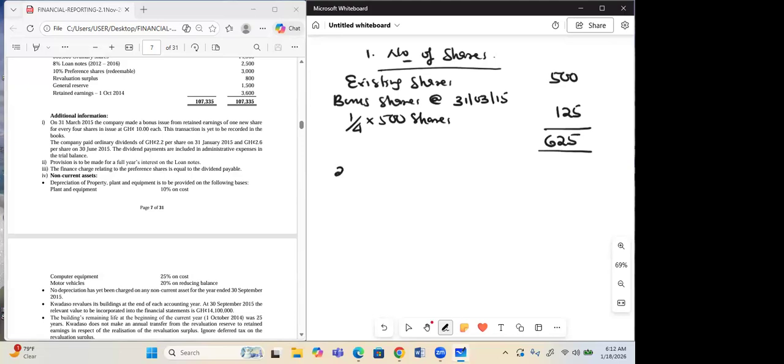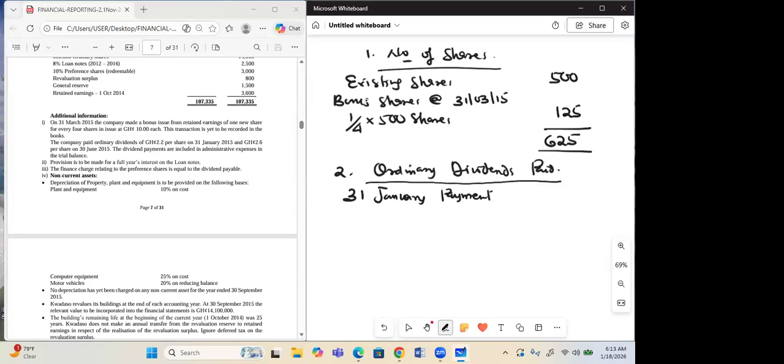Yes. Number 2, the ordinary dividends paid. 2.2 per share. So the one they paid at 31st January, they paid a dividend of 2.2 per share.